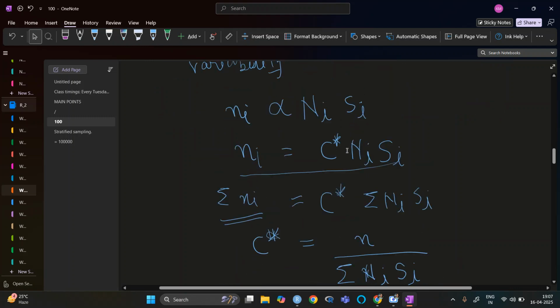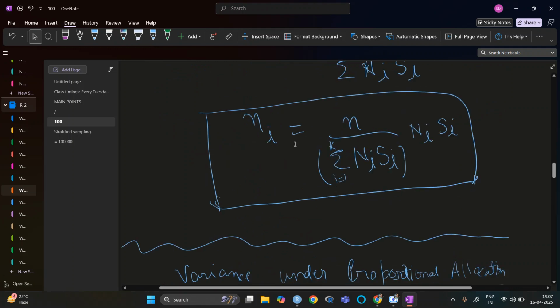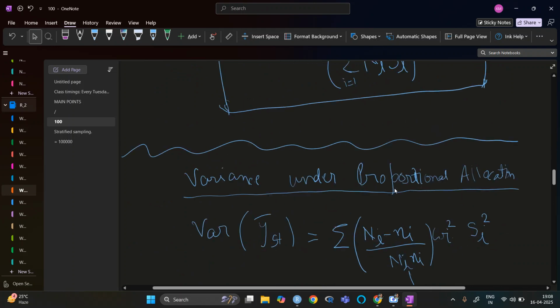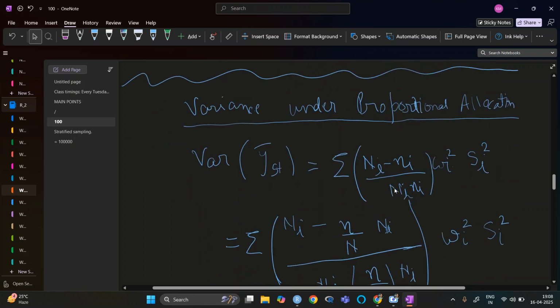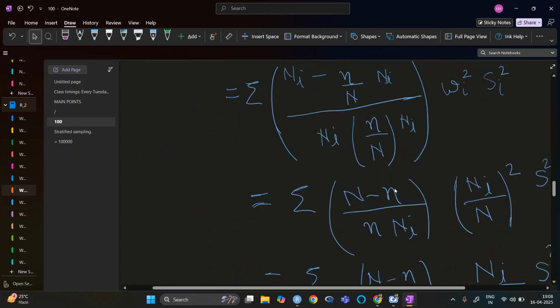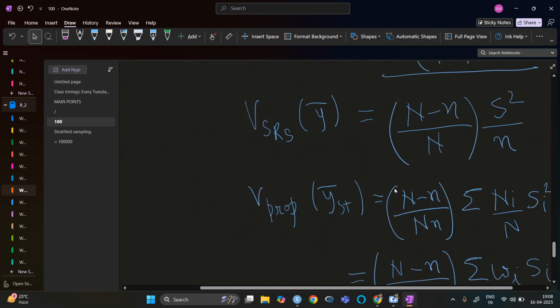So if you have this C star, then C star can be given by this, and the final small ni can be given by this. So you can have this variance. This one has optimum allocation. Now, once you have found this, all you need to do is find the variance under proportional allocation and under optimum allocation.